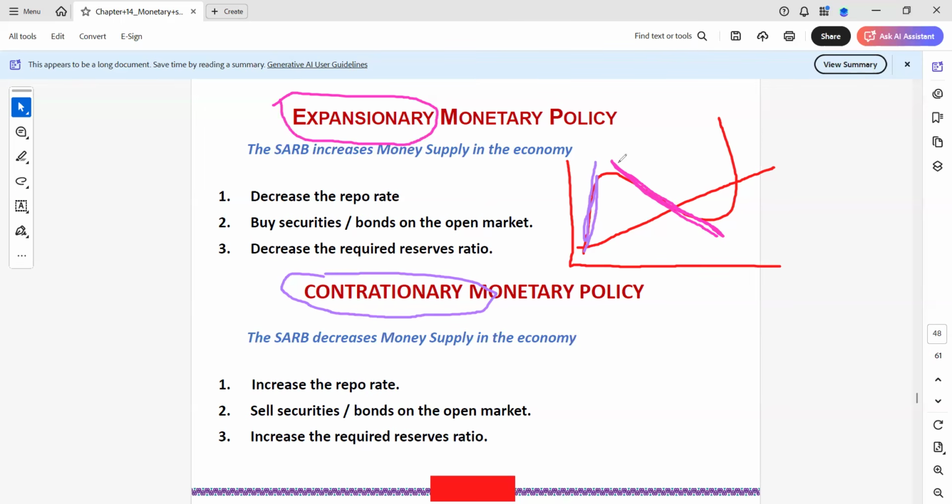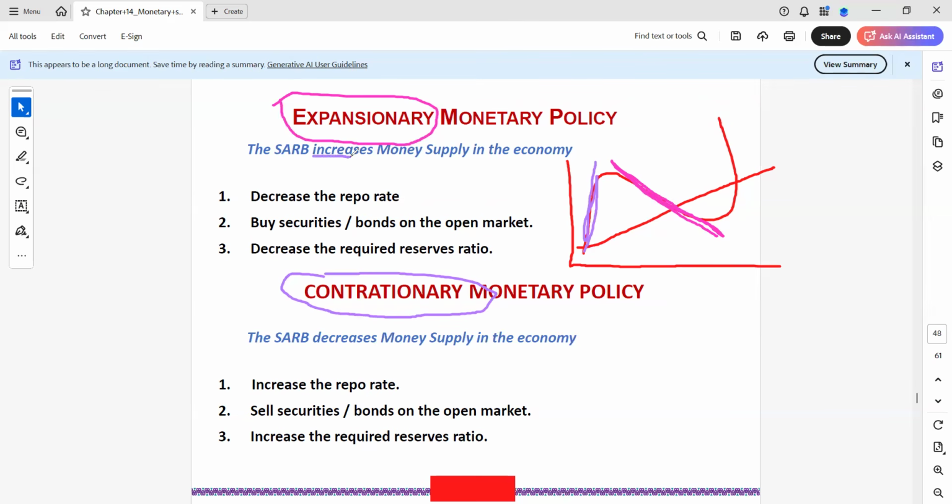So this side is called the contractionary phase, but we use the expansionary monetary policy. Now I'm going to show you how we use these policies. Here they're saying that the South African Reserve Bank will increase money supply in the economy.